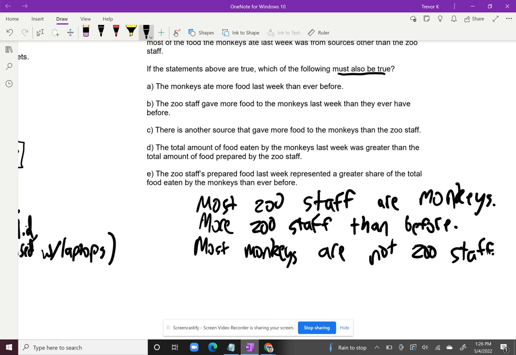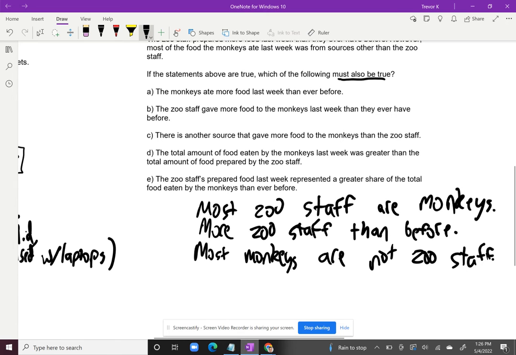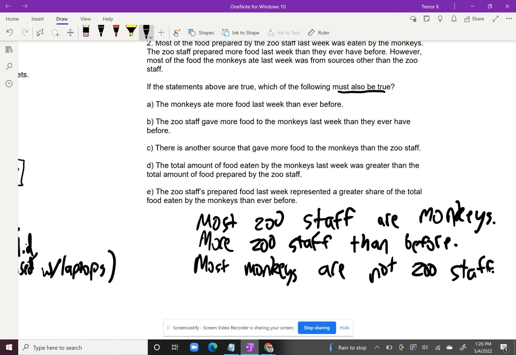So let's see if we can get something along that line. So A, the monkeys ate more food last week than ever before. No, that's not really along that line, right? I don't know if the monkeys ate more food than ever before, because after all, even though the zoo staff prepared more food than ever before, we already know that's only a small part of what the monkeys eat.